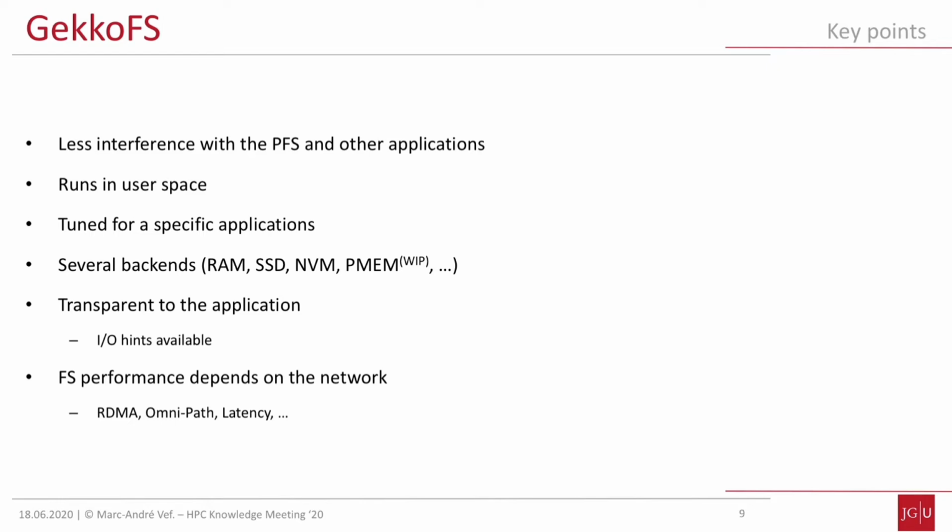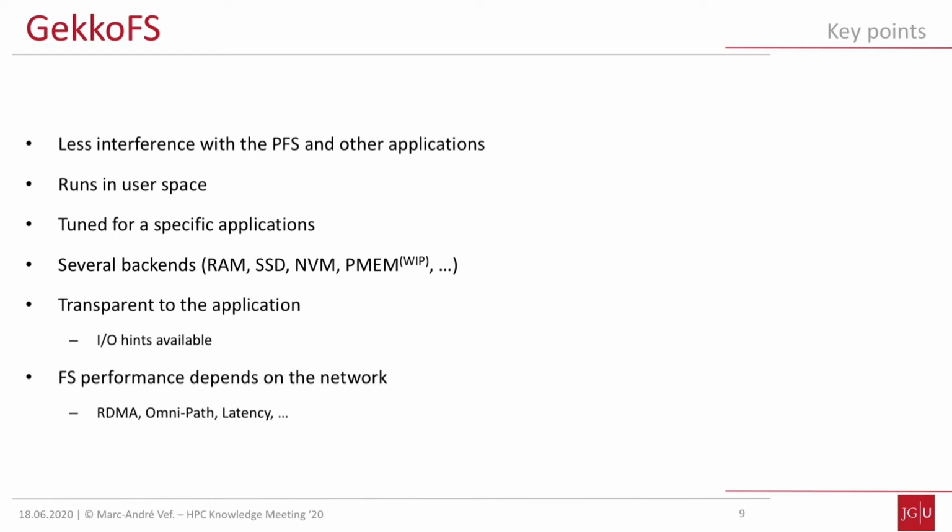Because only one application is using GekkoFS at a time, we can also tune it for a specific application, depending on whether it is using a lot of big I/O or a lot of smaller I/O requests. This cannot be done with a parallel file system, because they have a use case that the file system must work with all applications reasonably well.